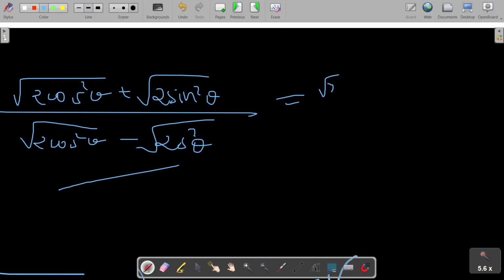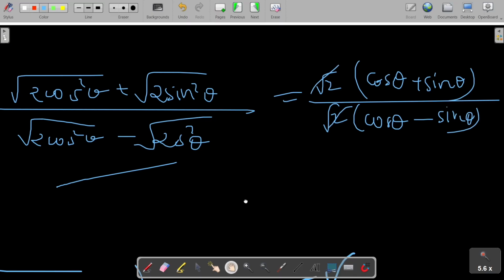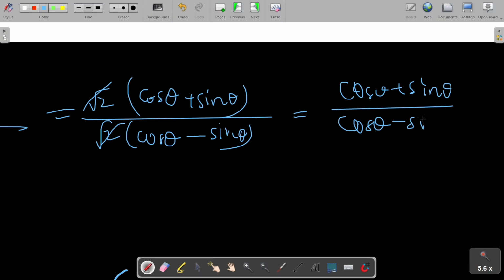If I take root 2 common on the top, I am left with cos theta plus sine theta, because the square and the root get cancelled, and on the bottom also I am left with cosine theta minus sine theta. So the root 2 gets cancelled, and I have cosine theta plus sine theta over cosine theta minus sine theta. And now comes a crucial step.